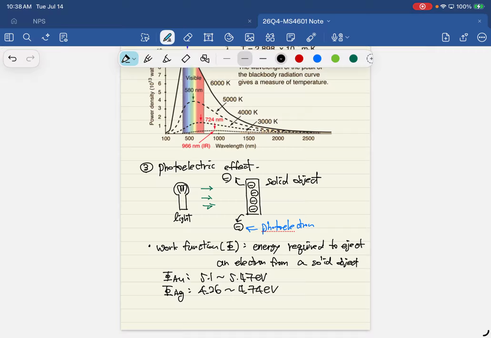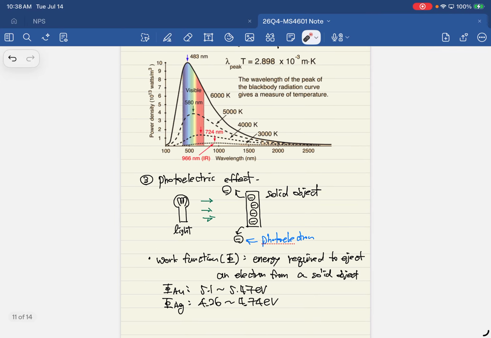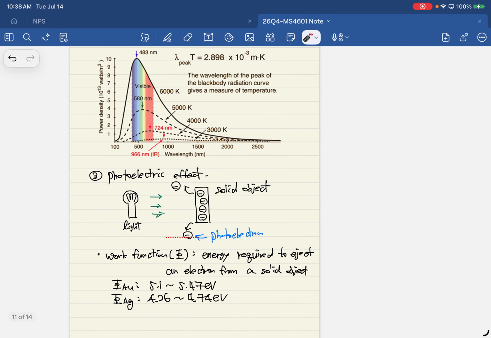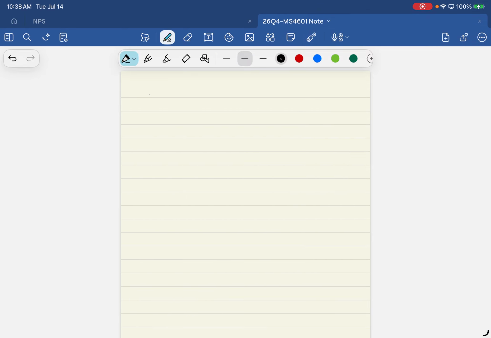So here, I'm talking about this eV, or electron volt. Maybe some of you may not be familiar with this unit, so let me briefly talk about that, because we are going to talk about this unit quite a lot in this course. So let me talk about this electron volt.